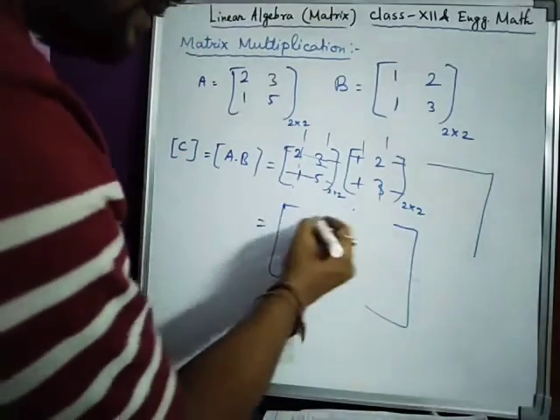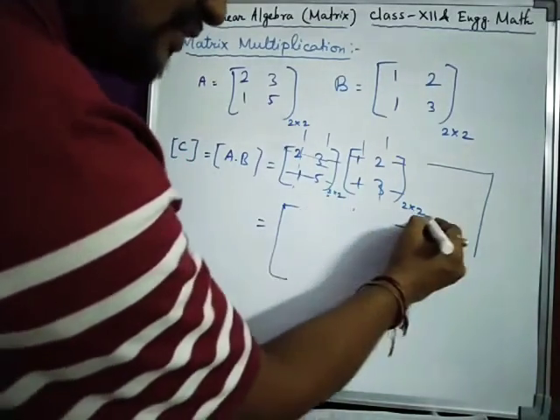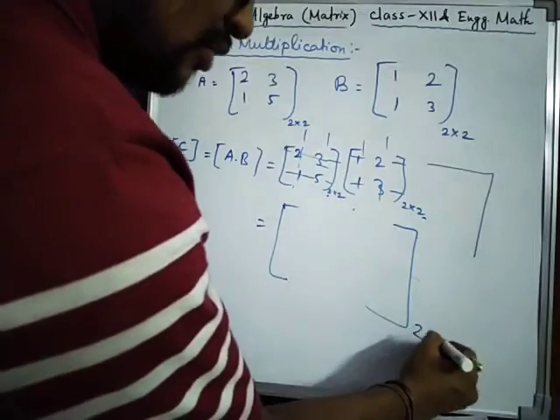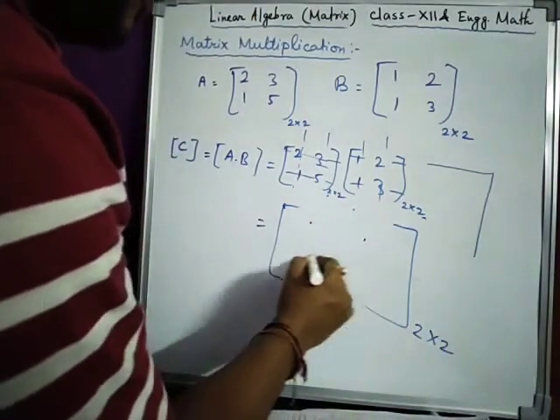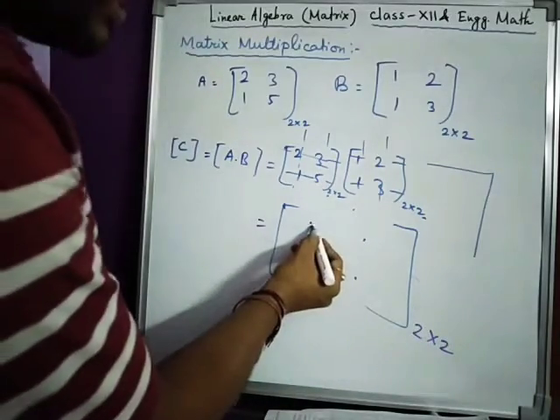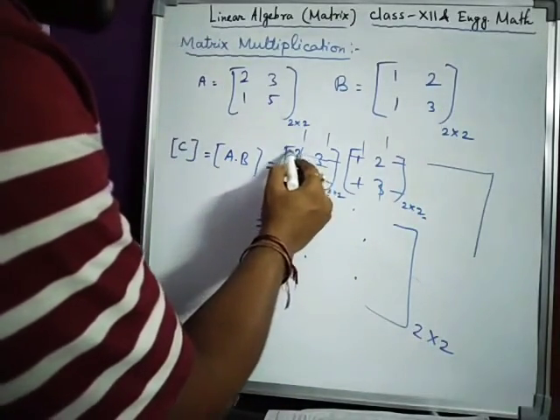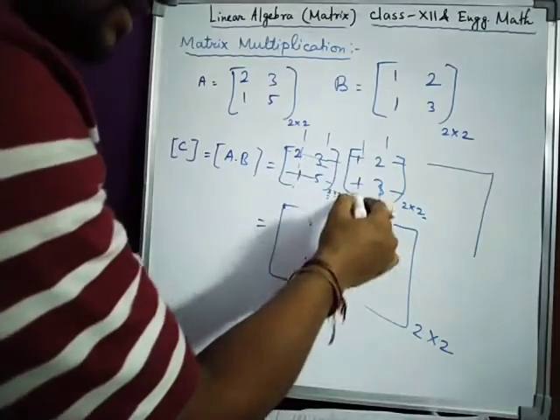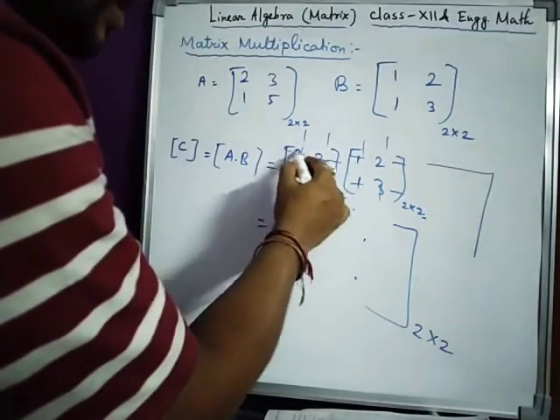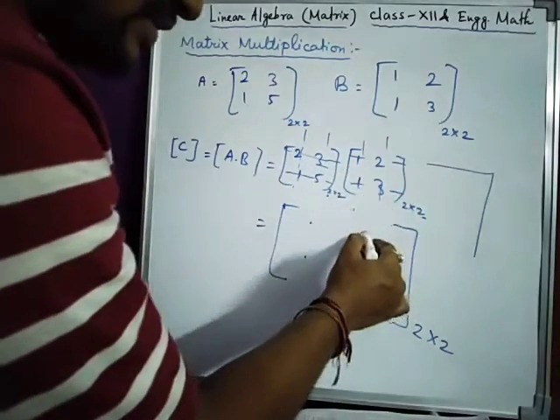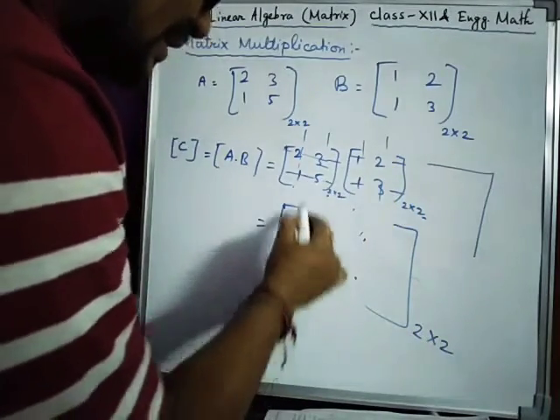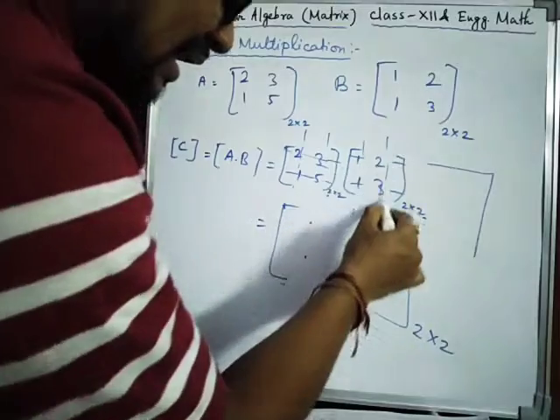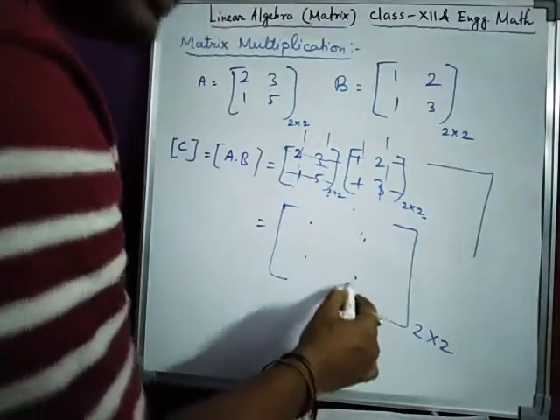As I told you, the final result will take the first order's rows and the last order's columns, so the final result will be a 2 cross 2 matrix. Two cross 2 means there will be 4 digits. The first row and first column give the first digit, the first row and second column the second digit, the second row and first column the third digit, and the second row and second column the fourth digit.